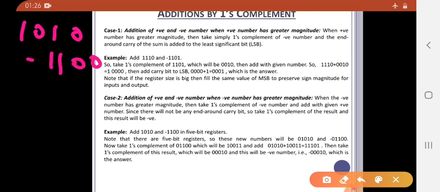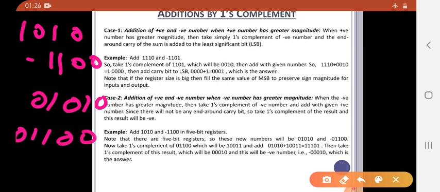The magnitude of this one is greater than this one, and you have to represent it in a 5-bit register, so the new numbers will be like this: 01010 and 01100. This will be my new 5-bit numbers. Now take 1's complement of this one. What will be the 1's complement for this number?